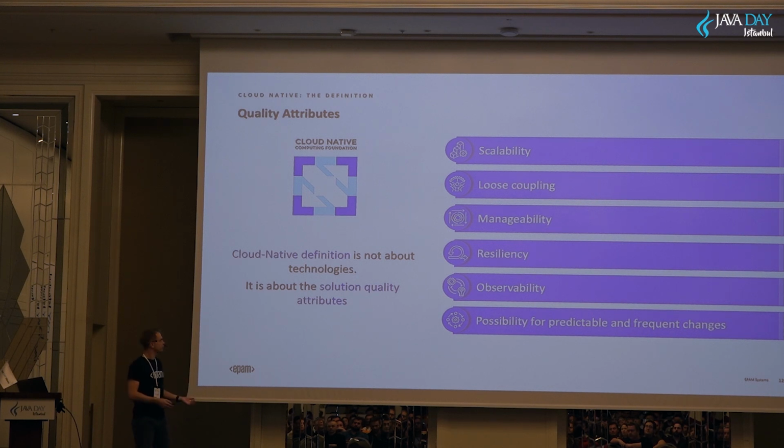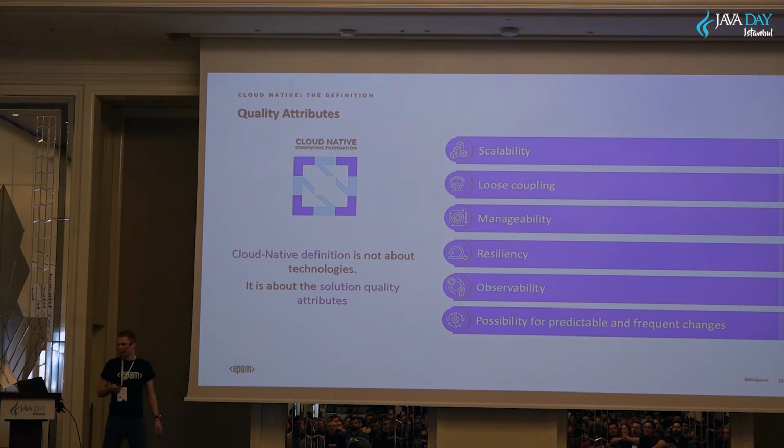And all these rules are our quality attributes. If we would like to live in this world, we need to follow these rules. And if we would like to create a cloud-native application, we should follow these quality attributes. And this is a very important thing.